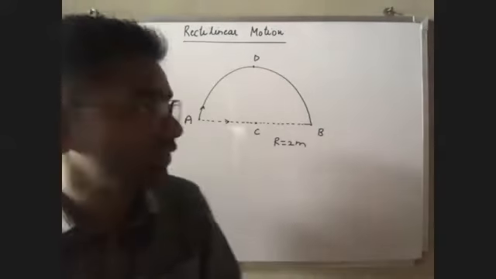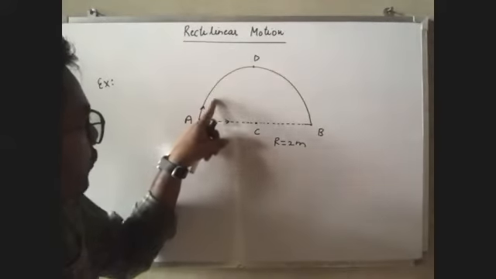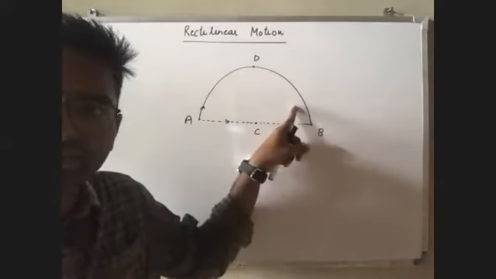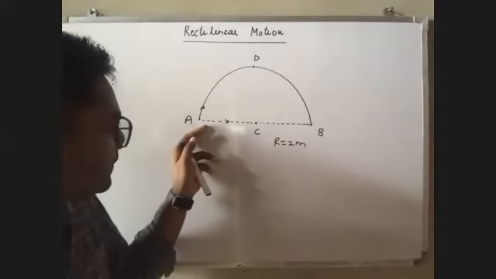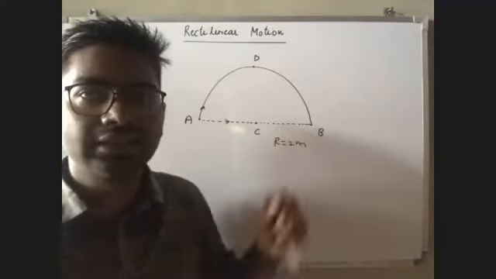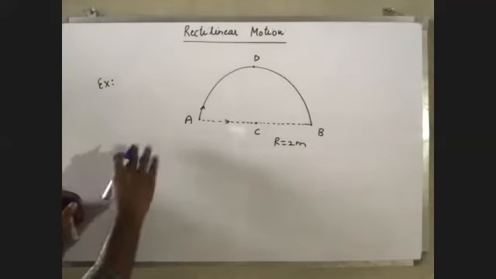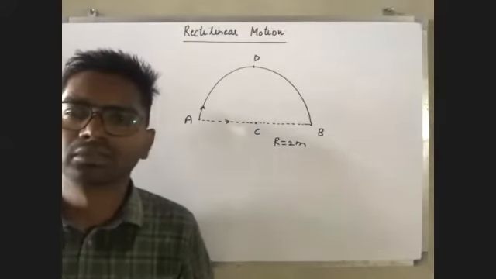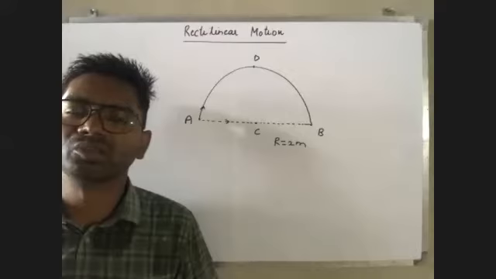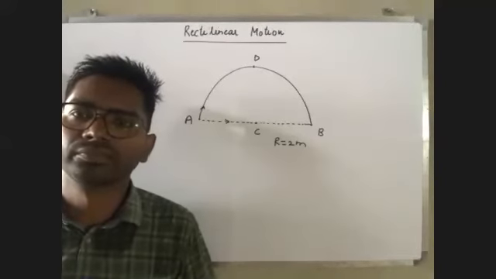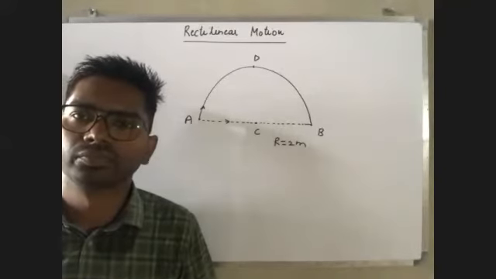Is it clear to everyone? One particle is going to move along this curved semicircle path. Another particle is going to move along this straight line. Is it visible to everyone now? Someone was saying that it was dim. Okay.